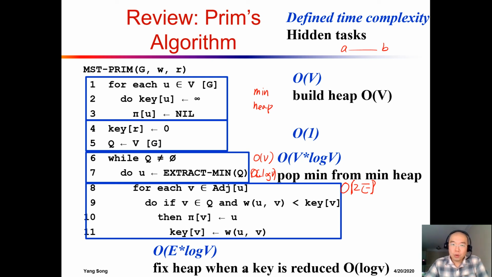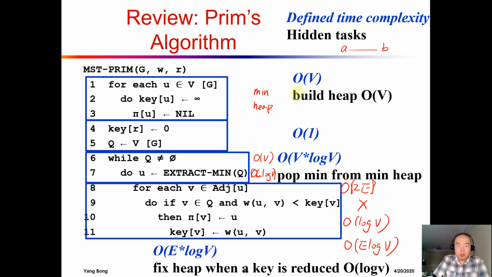When we reduce the key of a node in the min heap, we may violate the property of a min heap. So we have to fix the heap again, right? To fix a heap takes O(log V) time. So there is indeed an O(log V) here. If you multiply this together, you will have O(E log V).